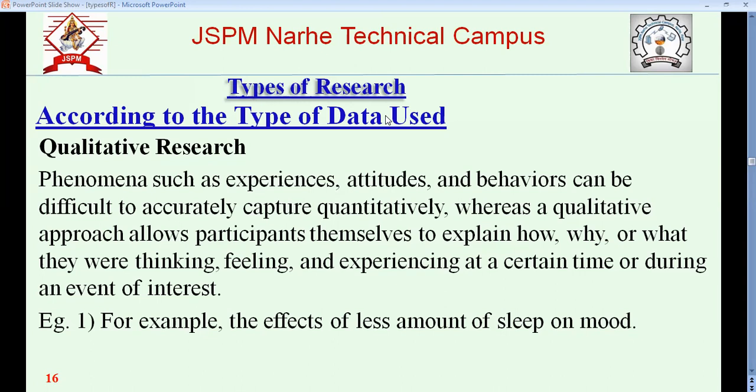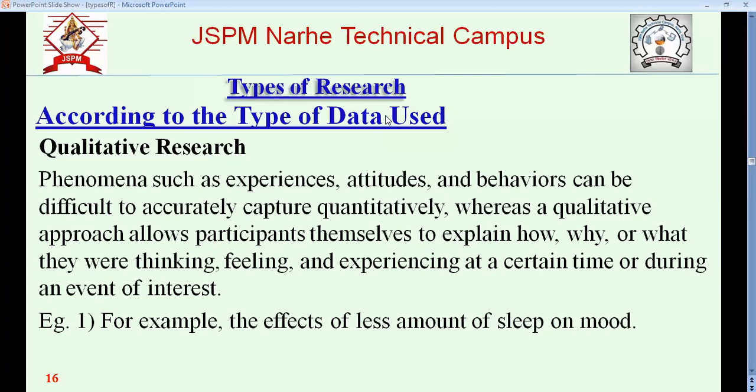So that was the qualitative research. Mostly arts, history, and maybe other management. Management is having both research, qualitative as well as quantitative.